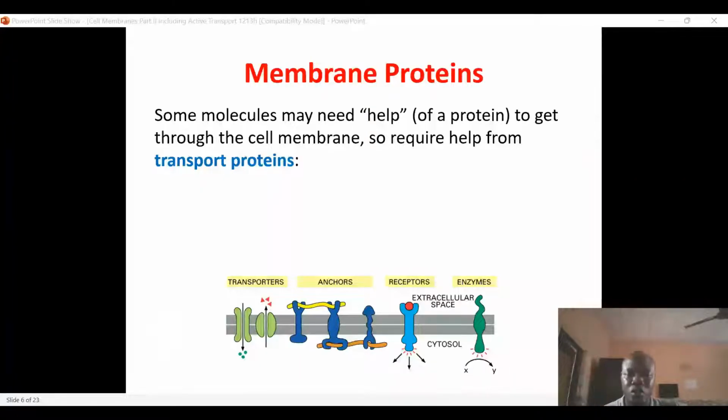Like, for example, remember we have what we call drug-receptor interaction. Where do we get the receptor that the drug usually interacts with? We usually get the ligand on the surface of the cell membrane.